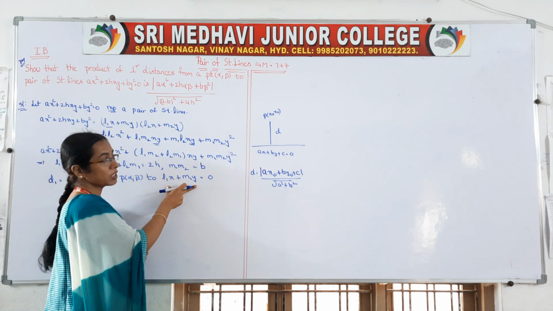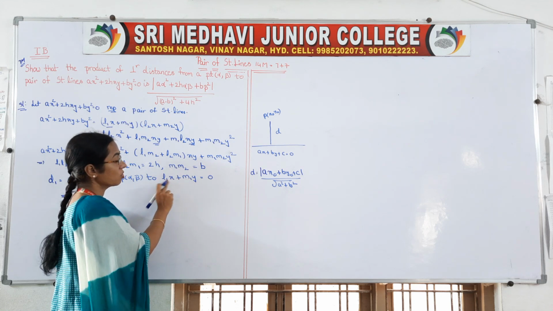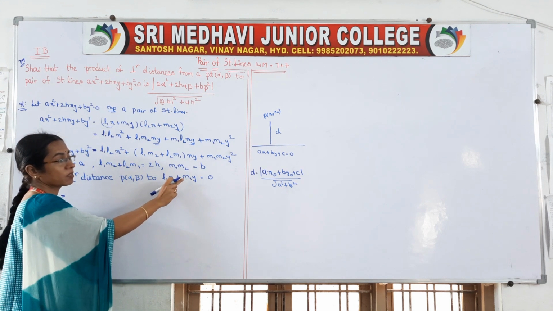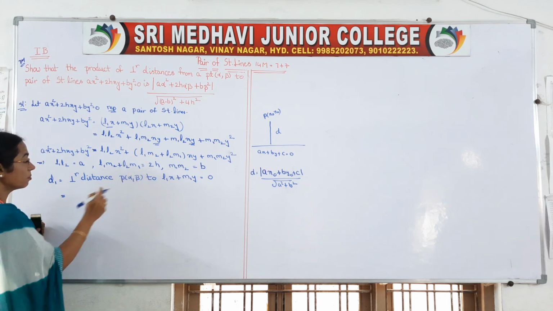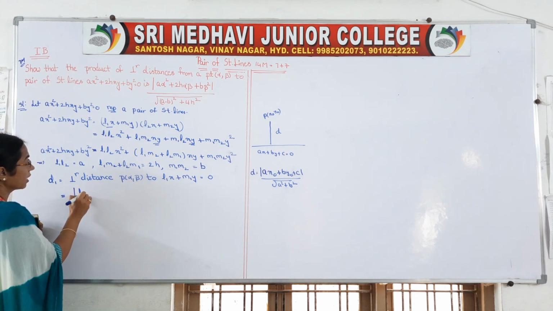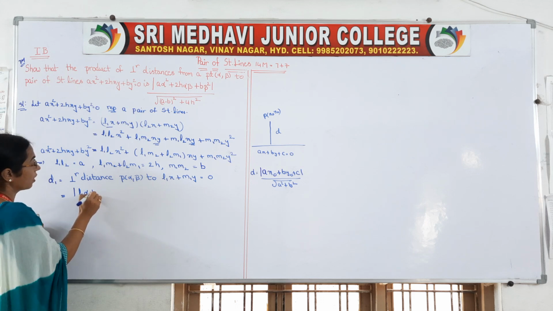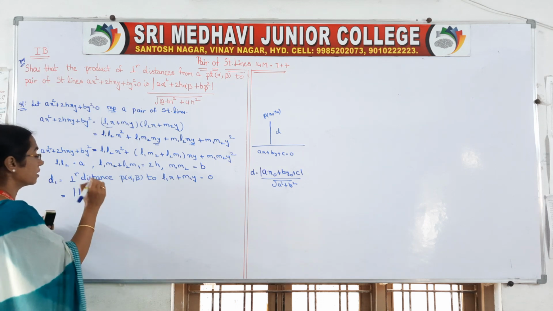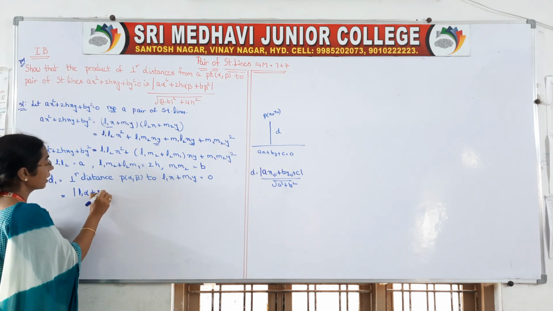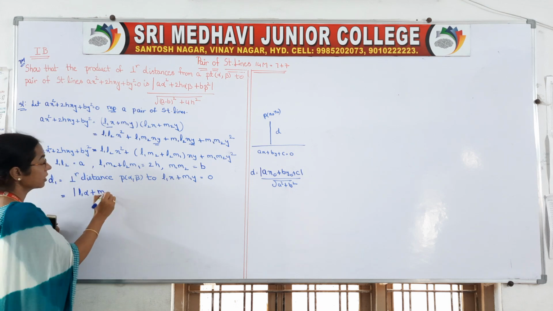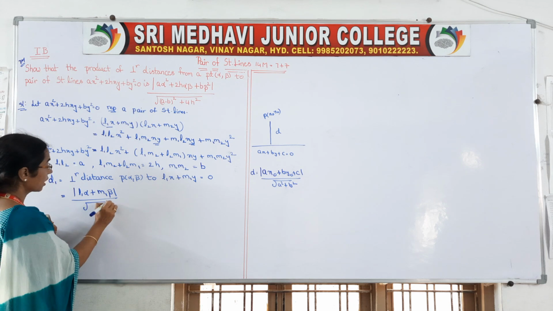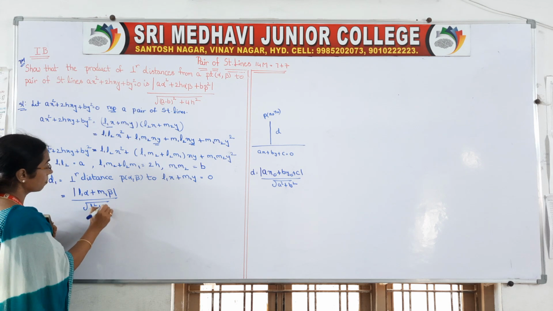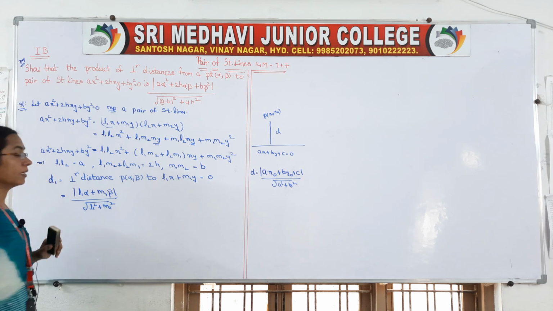Instead of ax + by + c = 0, we have L1x + M1y = 0. Come on, apply that formula. It is |L1 alpha + M1 beta| by root of L1 square plus M1 square.